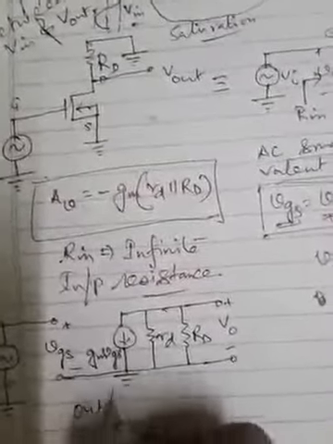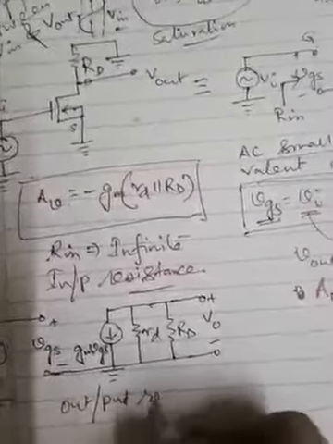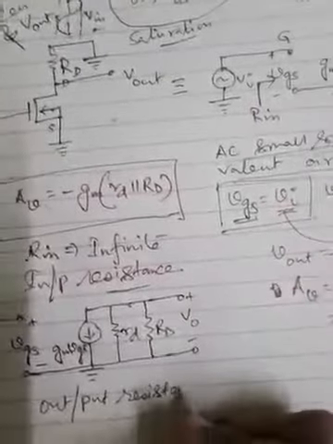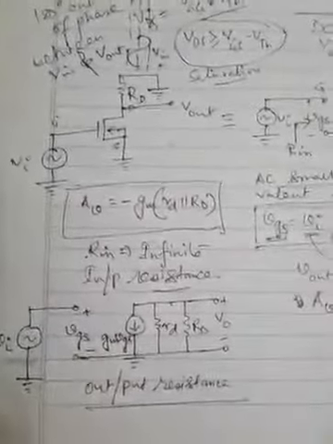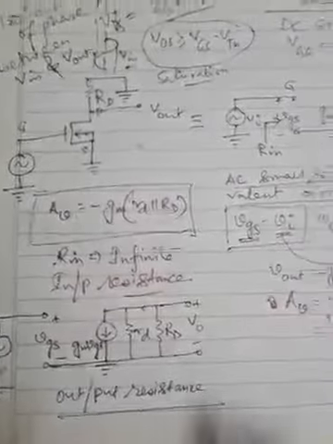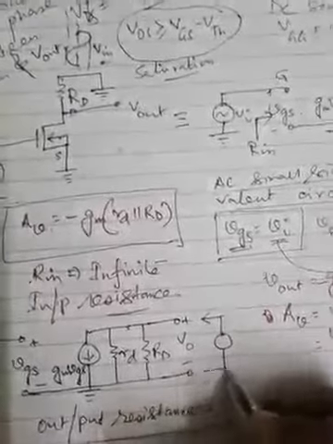Now let us find the output resistance from here. The procedure is the same, using the same equivalent circuit, as we have done in the case of a BJT. To find the output resistance, we need to connect a voltage source at the load side.